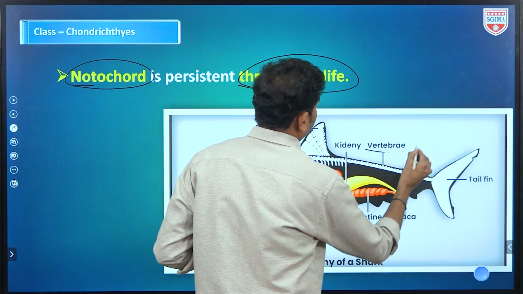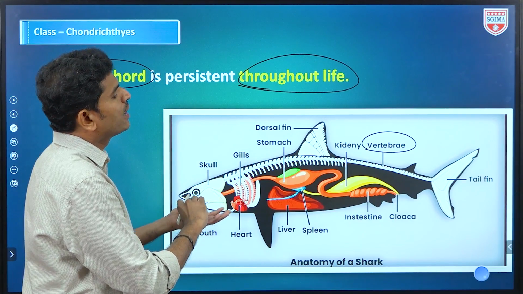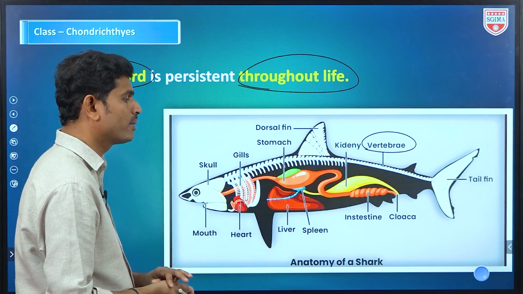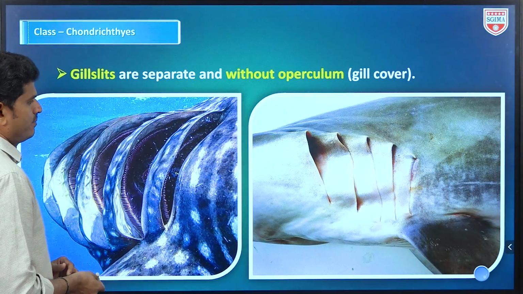The vertebral column is cartilaginous, meaning the notochord is replaced by cartilaginous vertebrae. A vertebral column will be present in these organisms, but it is not bony.